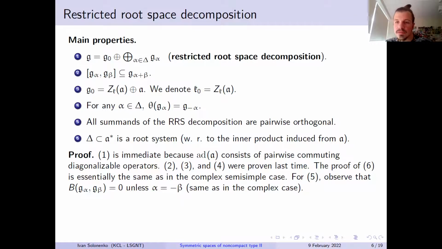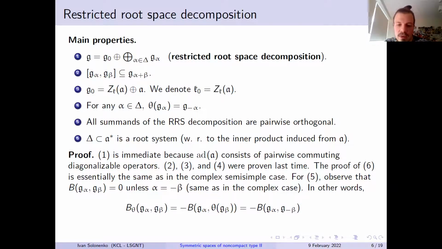But now our inner product is not the Killing form, but we adjusted it to B theta. So B theta of G alpha and G beta is by definition the same as minus B of G alpha and then theta of G beta. But now we use 4. Theta of G beta is just G minus beta.